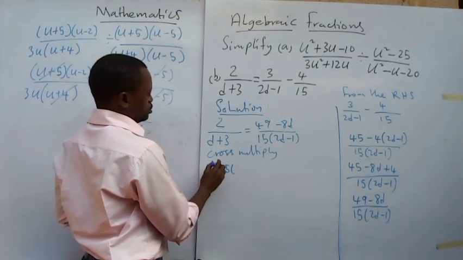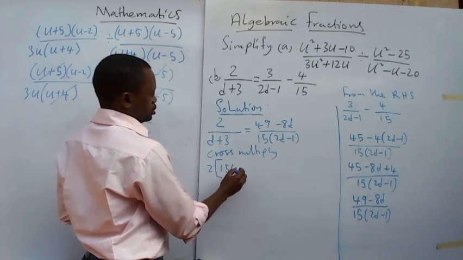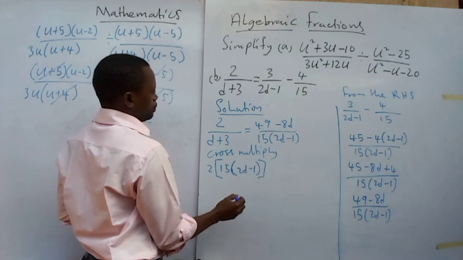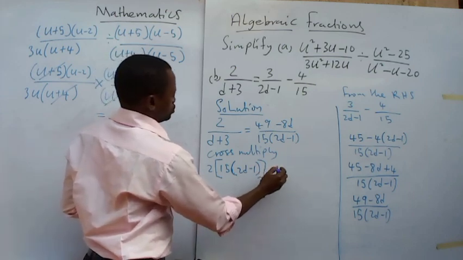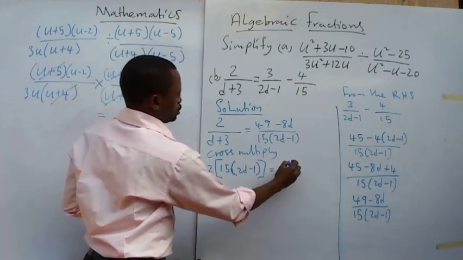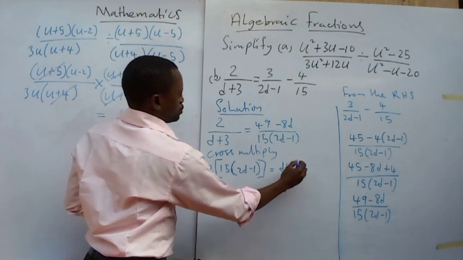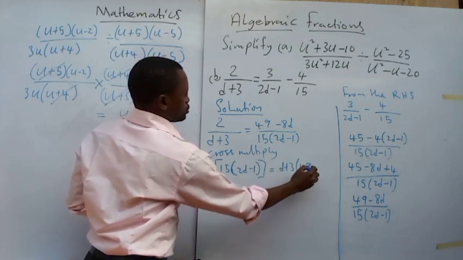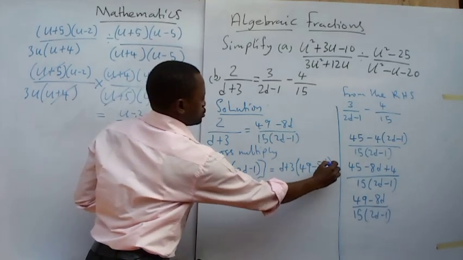Let's say this is the bigger bracket, then the smaller bracket inside, 2d minus 1, equals d plus 3, then in bracket 49 minus 8d.